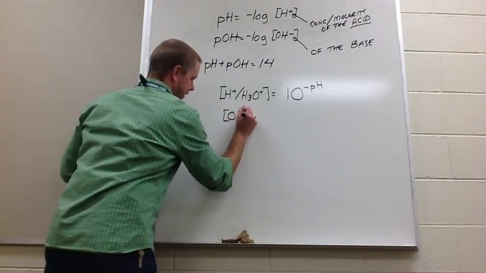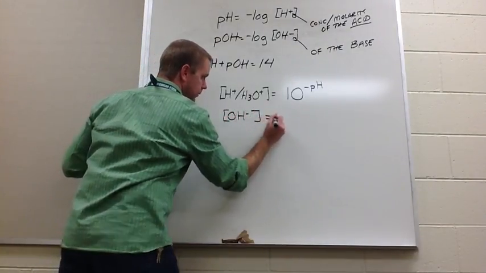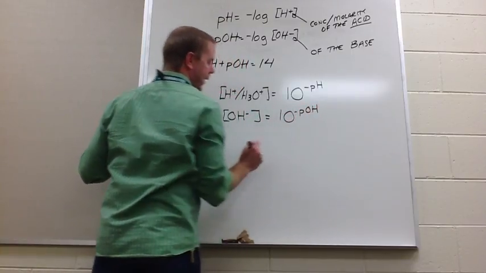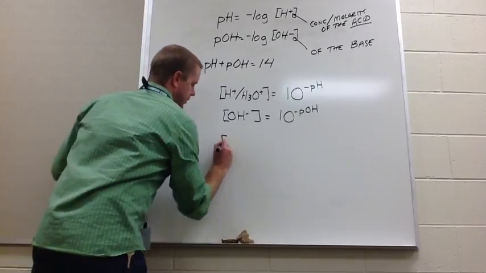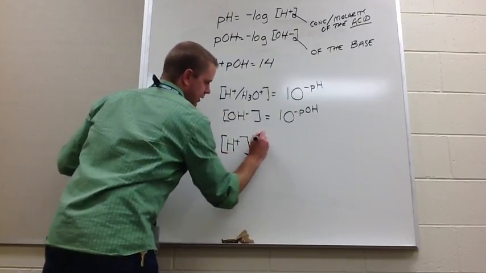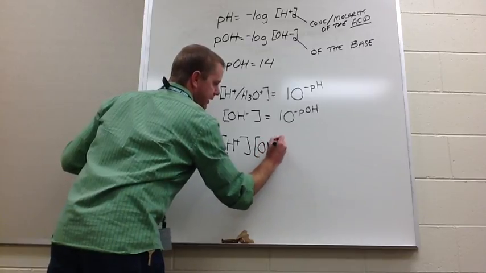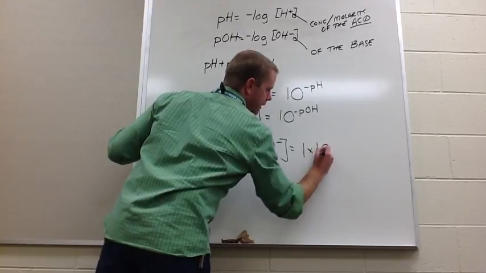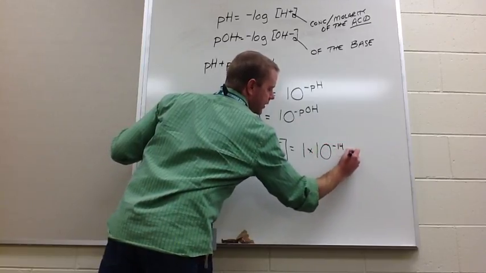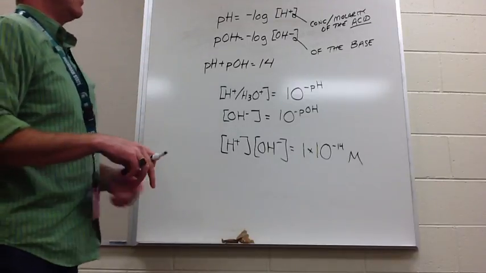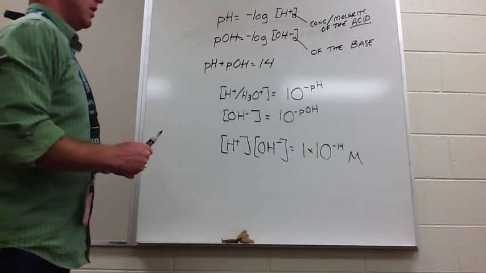Likewise, OH minus is equal to 10 to the negative pOH. And then I guess you could also use this one if you like. H plus or H3O plus times OH minus equals 1 times 10 to the negative 14 molar. We can use these 6 equations to do different types of problems.